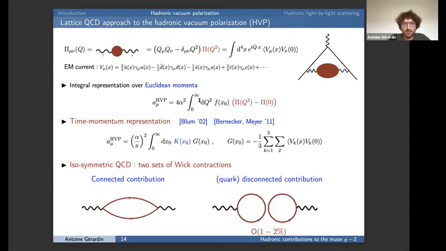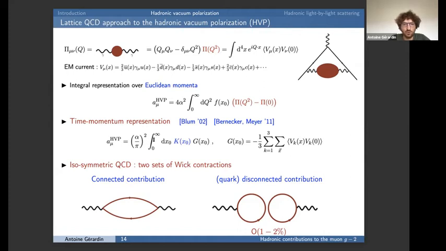Now, on the lattice it's not very convenient to use Q as a variable because we work in a finite volume, and so the values of Q that we can reach are discrete. But it was shown in this paper that we can also compute mu in position space, which is much easier on the lattice.